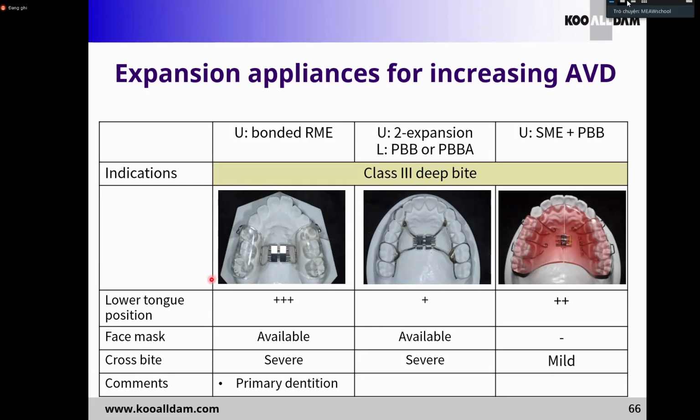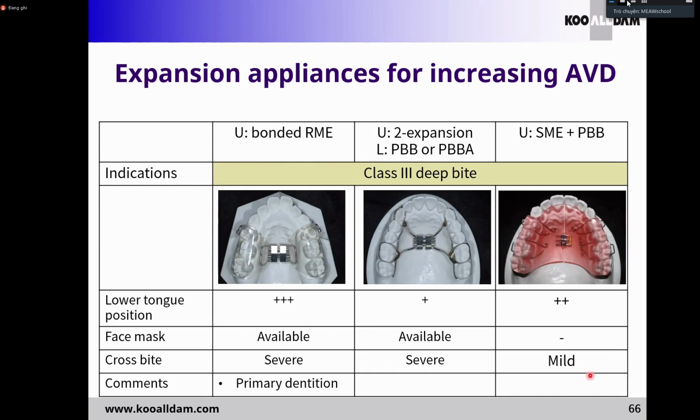I already mentioned that we should check the lower tongue position. So banded RME is the lowest. And with the banded RME or two expansion appliance, we can add face mask therapy. This means in severe posterior crossbite, we want to use banded RME or two expansion appliance.